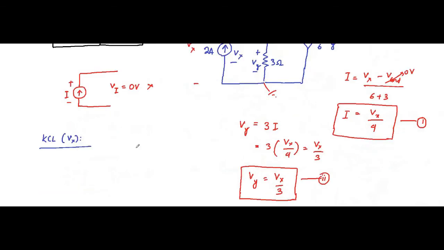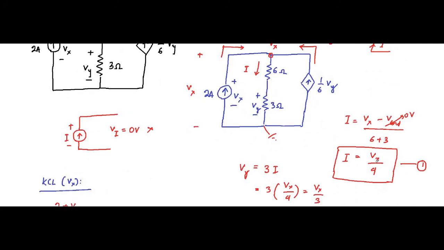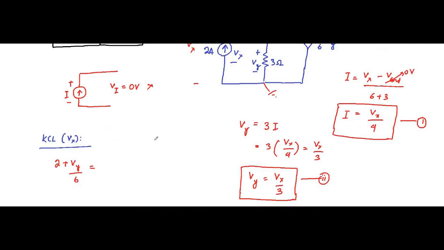So they will be on one side: 2 plus Vy by 6. And this current I, that is Vx by 9, is flowing downwards away from the node. So that will be on the other side, Vx by 9.